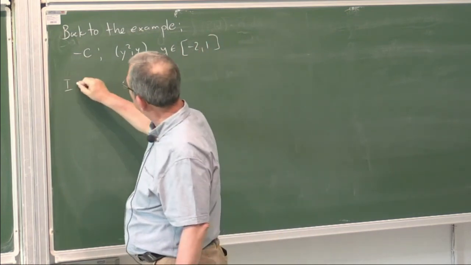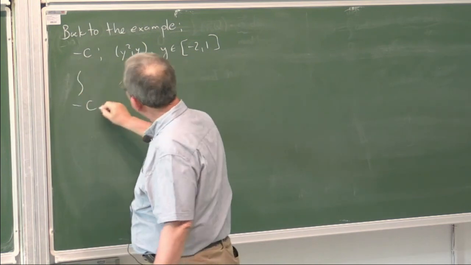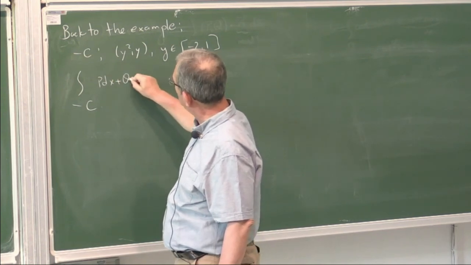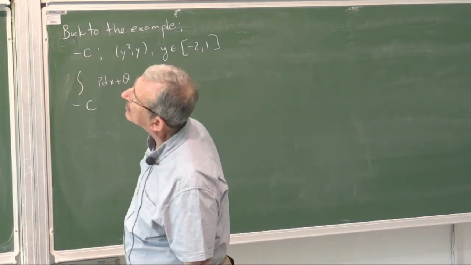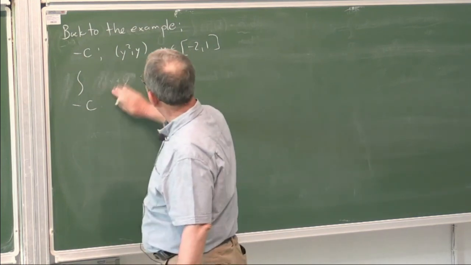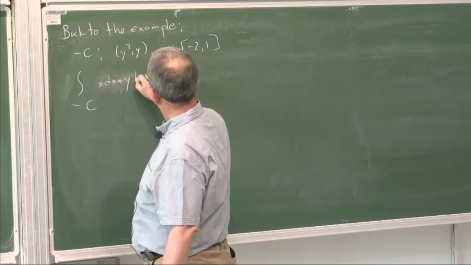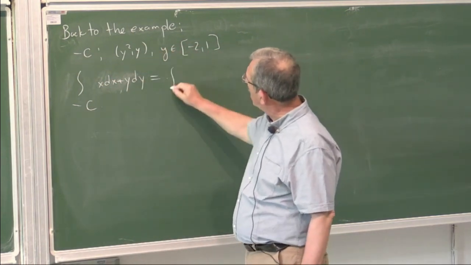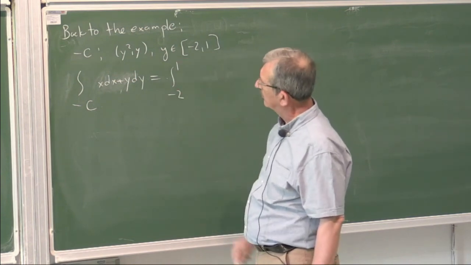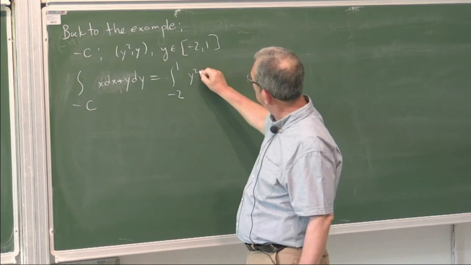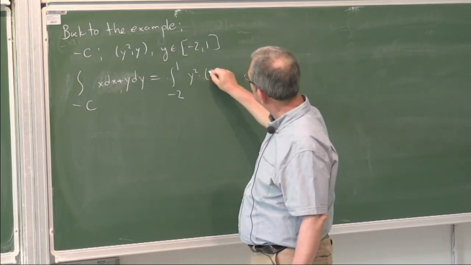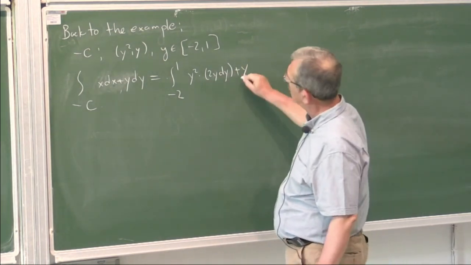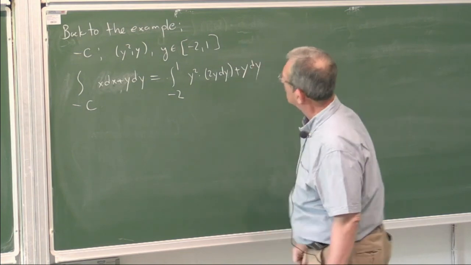So the integral over -C would be p dx plus q dy. Actually, we have x dx and y dy. This being a parametrization, y changed from -2 to 1. We have x, dx which is 2y dy, plus y, dy. So this is the integral in question.